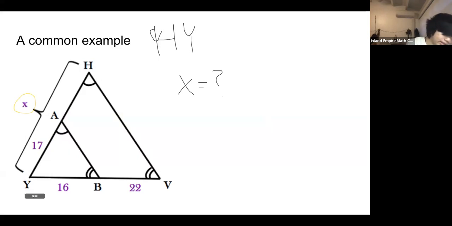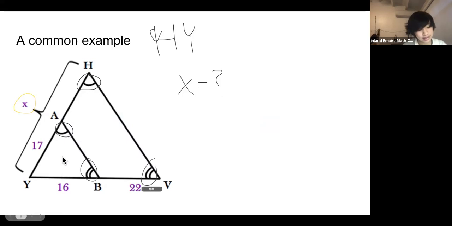So we know that these two angles are the same: this angle right here and this angle right here, and this angle right here and this angle right here are the same. So first of all, does anyone see which triangles are similar in this case? You can just say, for example, ABY or ABV, something like that. Which triangles are similar based on this knowledge?